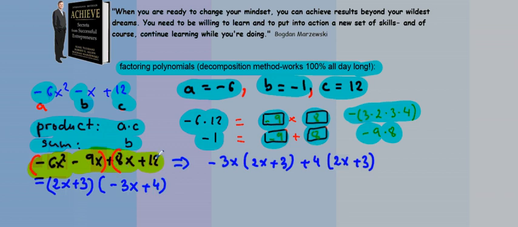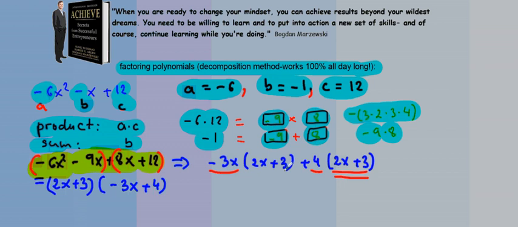The second would be positive 8x and 12. Start factoring the common factor from each group. Negative 3x from the first group, and inside you have 2x plus 3. Then positive 4 common factor from group number 2, and the second binomial that you create is identical to the first, 2x plus 3.